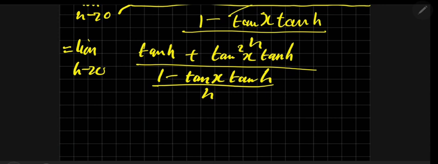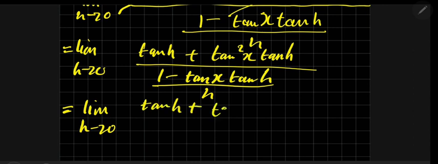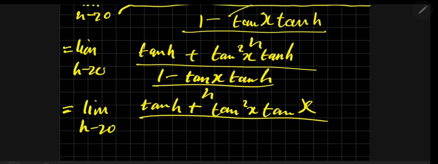So this expression is just the same as the limit as h is approaching 0 of tan h plus tan squared of x multiplied by tan h, divided by h multiplied by 1 minus the product of tan x and tan h.